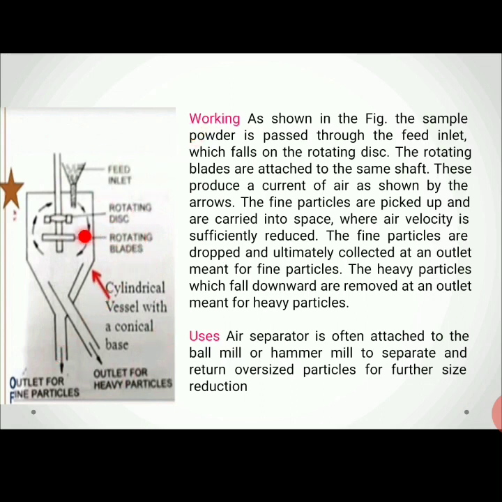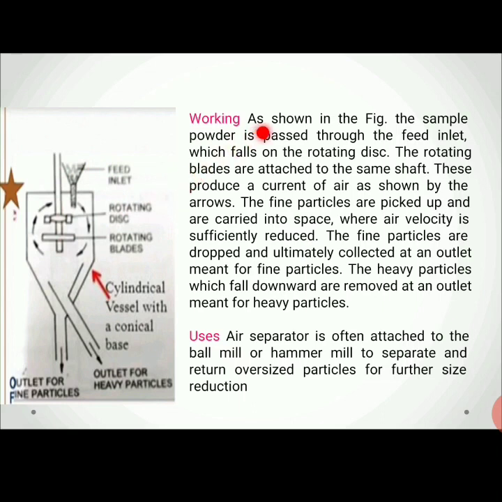At the center point, a rotating disc and rotating blades are placed on the center shaft to produce the air movement. Then at the bottom side two outlets are provided, one outlet for the fine particles and another for the heavy particles. This is all about the construction.